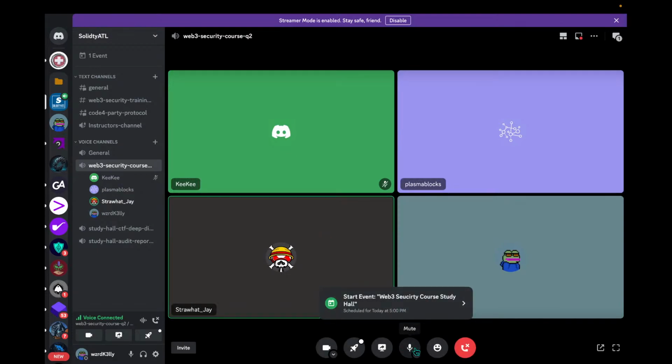Basically, from my point of view, Web3 is very new. It's kind of weird to say, but people can kind of make up what position they want to be in the Web3 space because there's no set role.